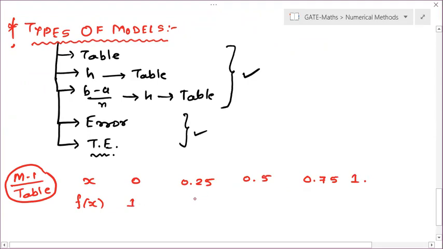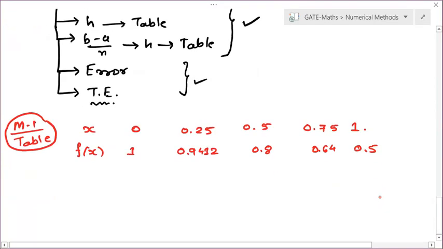For 0.25, it is 0.9412. For 0.5, it is 0.8. For 0.75, it is 0.64. For 1, it is 0.5. Now they are going to ask you to evaluate the integral from 0 to 1 of f of x dx by Simpson's rule.